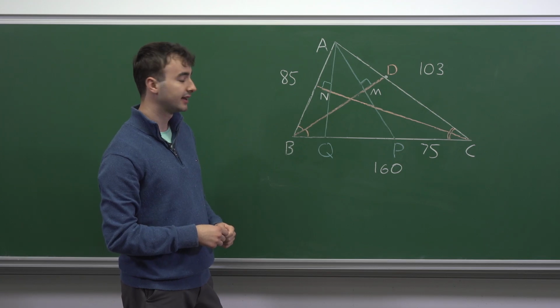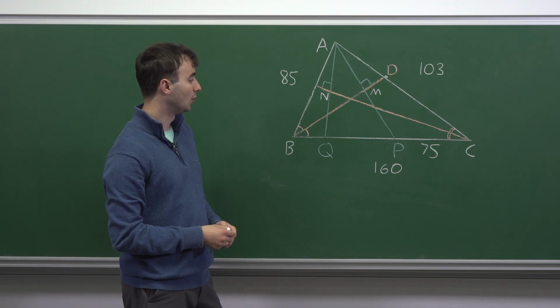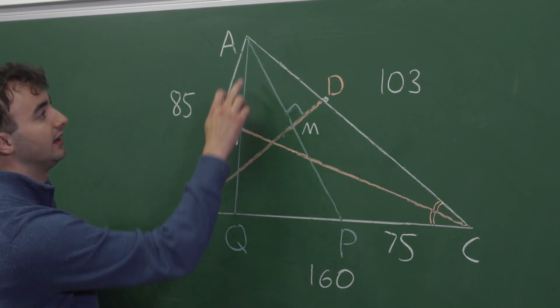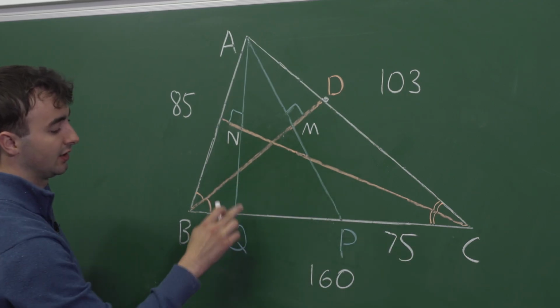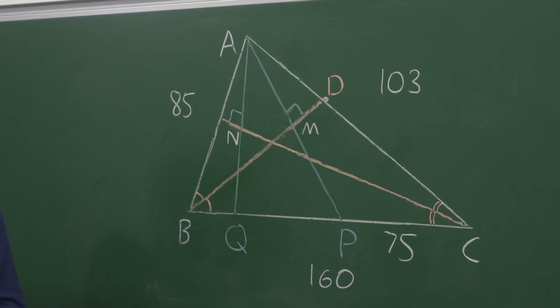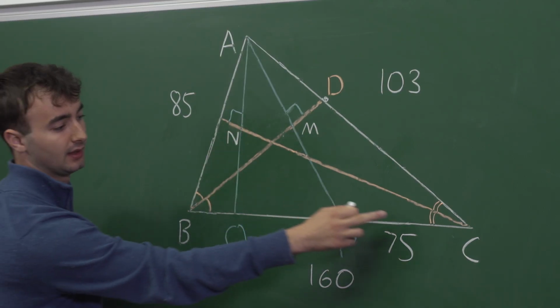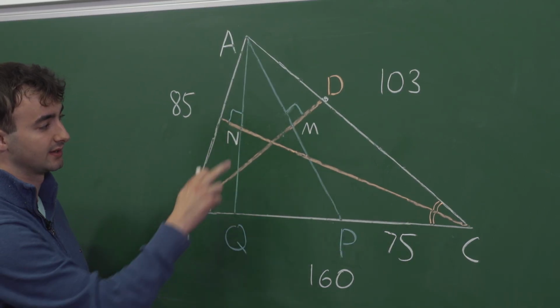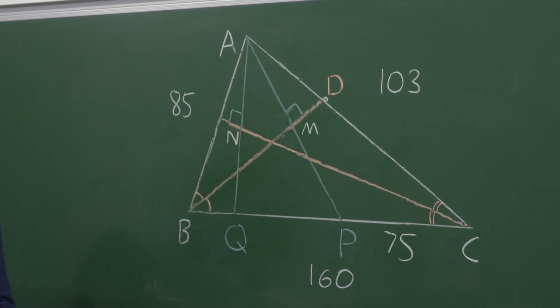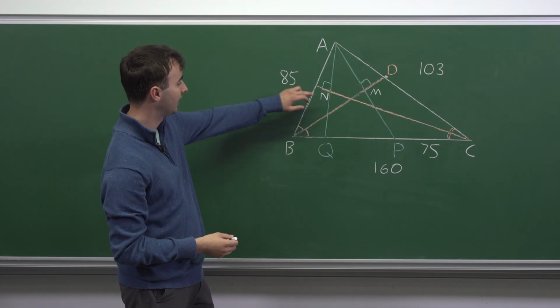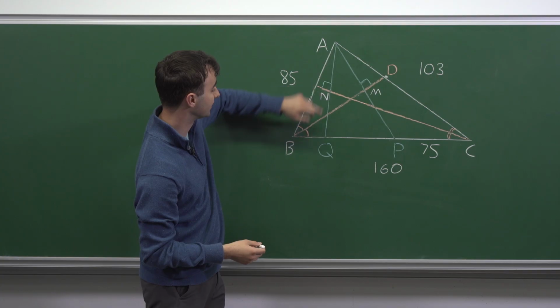Now, we can play a similar game to before, where we say CNA and CNQ are congruent by angle side angle, because there are two right angles here. These two angles are equal from the bisector, and the length CN is common.